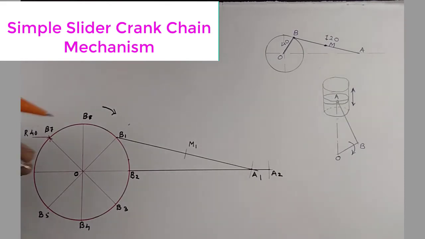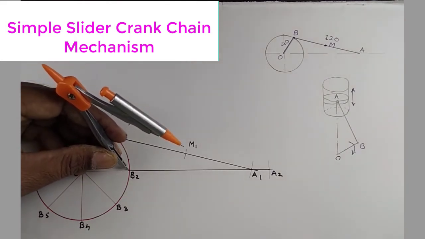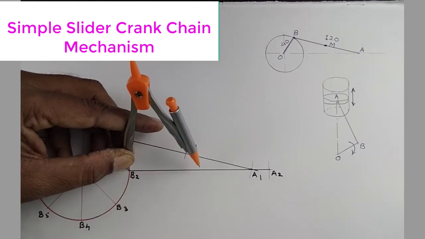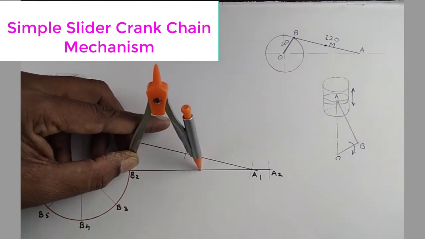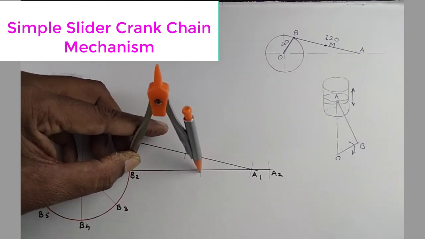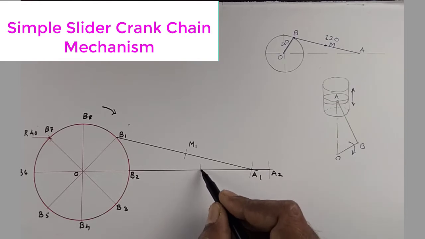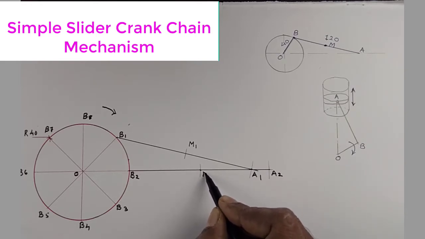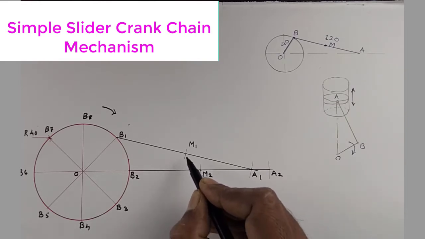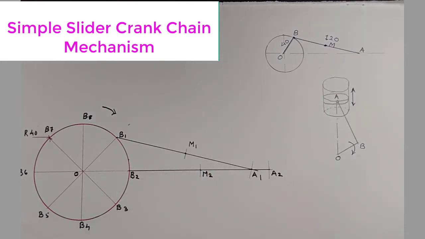Mark your middle point on the second position with center B2, radius 60 mm. You can draw the arc on B2 A2. We have the M2 point. Similarly, you can apply this exercise to all the points.